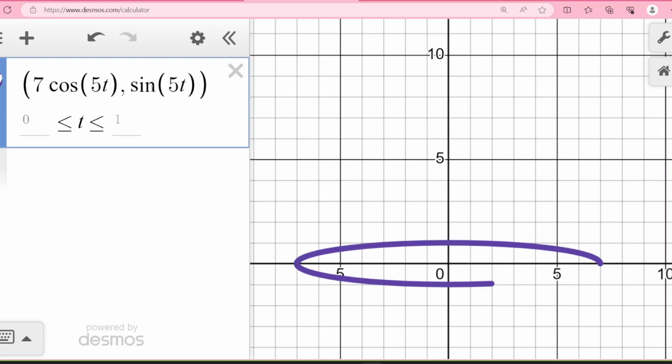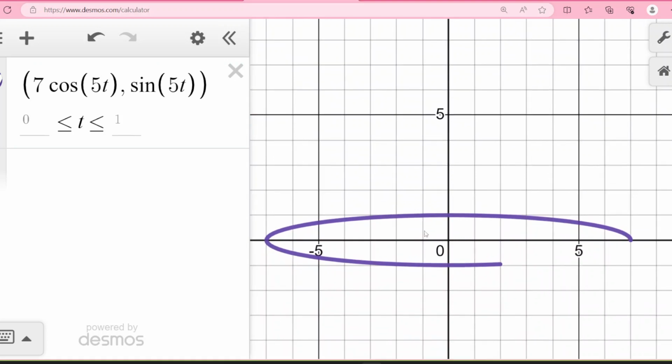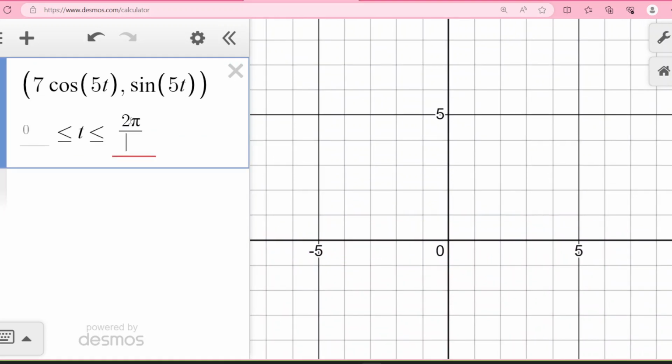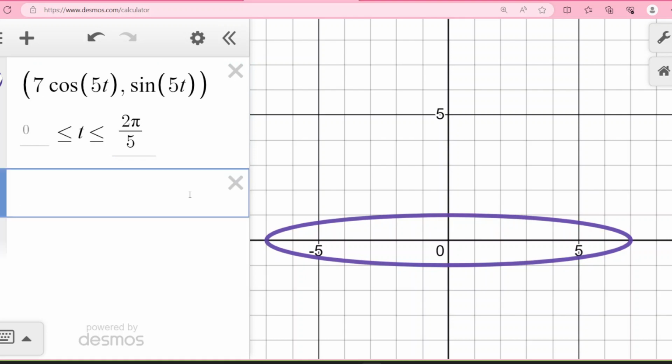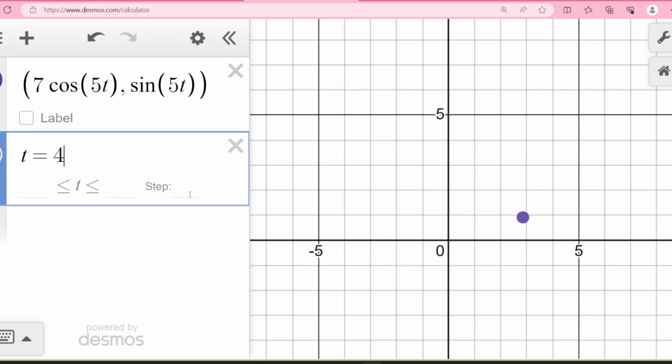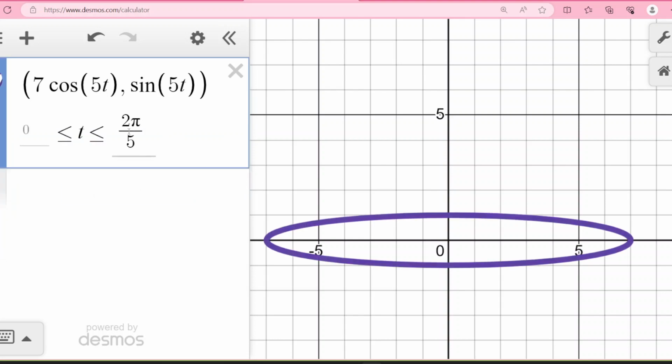And look at that, you're seeing part of this oval shape and it's like I drew by hand, right? But we're having t range from 0 to 2 pi over 5, right? And you see the entire ellipse here.